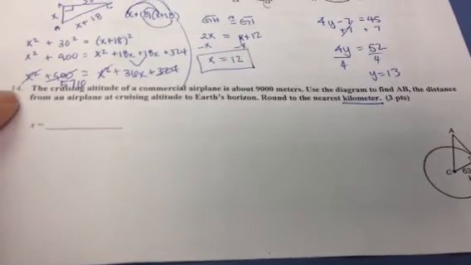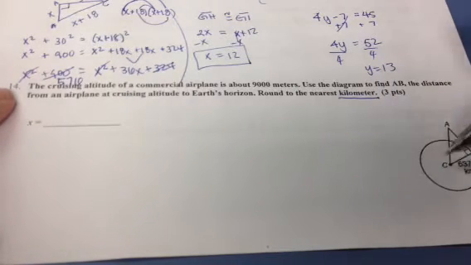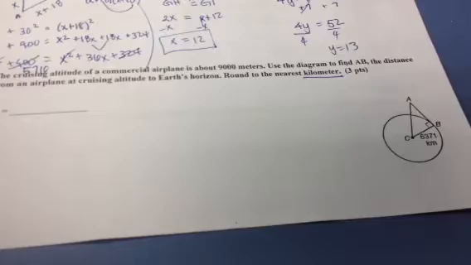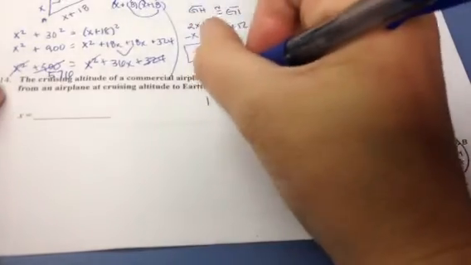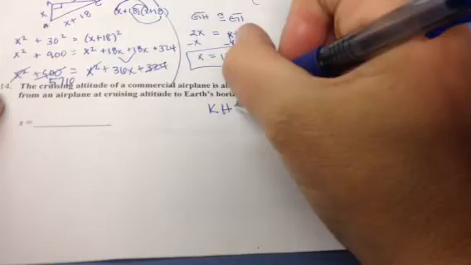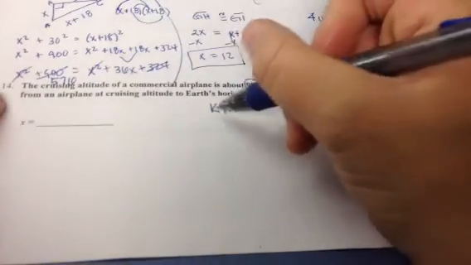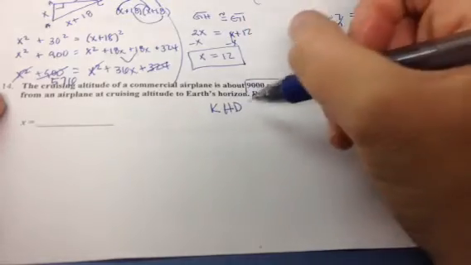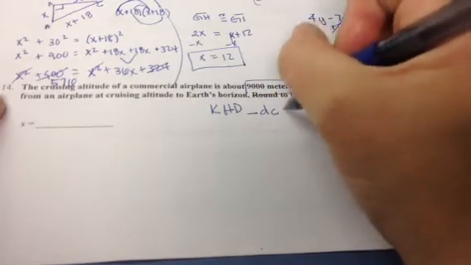So the first thing I would do, because we're going to be working in kilometers, this picture, the radius of the Earth is drawn in kilometers, I would probably change 9,000 meters to kilometers. So in another class prior to this one, probably a science class, you learned about metric conversions, maybe in middle school math. So we have kilo, hecto, deca, your units, and then you would have deci, centi, milli.